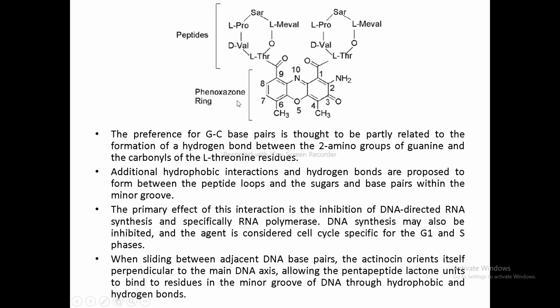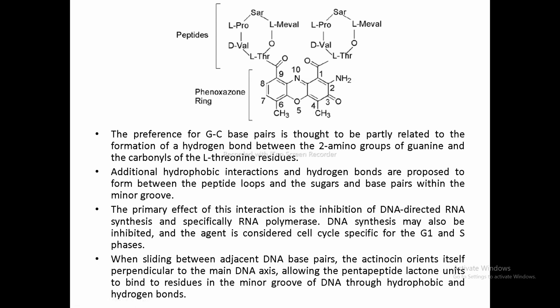Now, if you check the structure, it contains the phenoxazone ring, phenoxazone chromophore, which is attached to two peptide chains. These peptide chains are attached at the first position and at the ninth position of the phenoxazone ring.